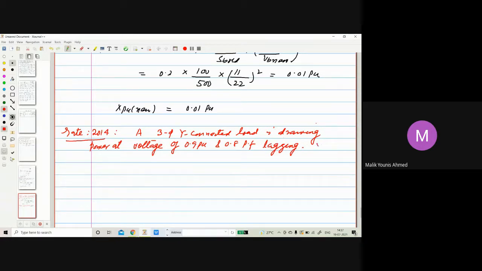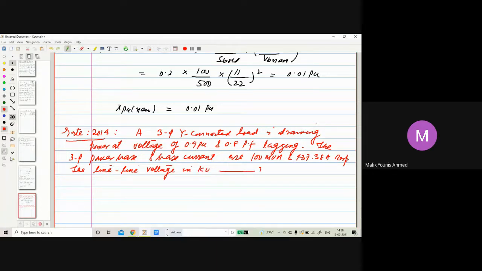The three phase power base and base current are 100 MVA and 437.38 amps respectively. So this is the data of the three phase power base and base current. The line to line voltage in kV will be what? You have to find it.